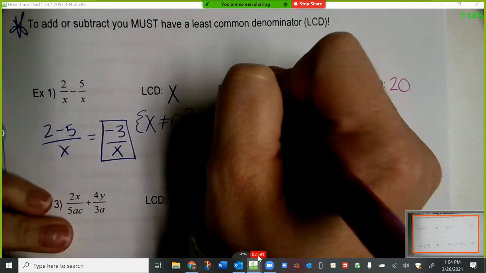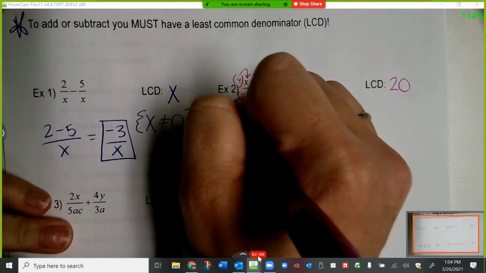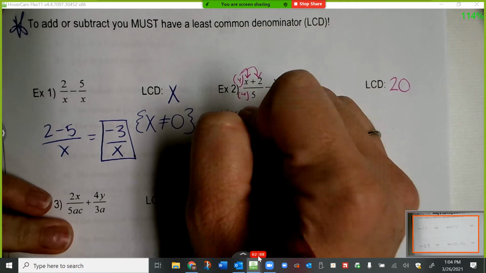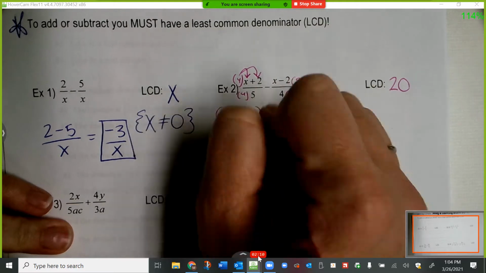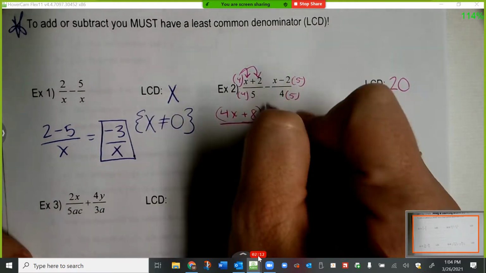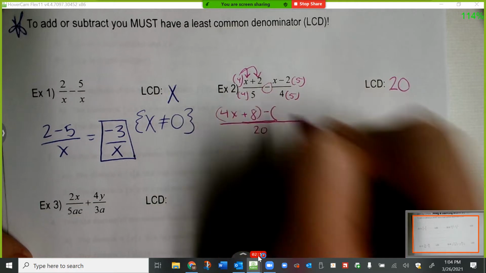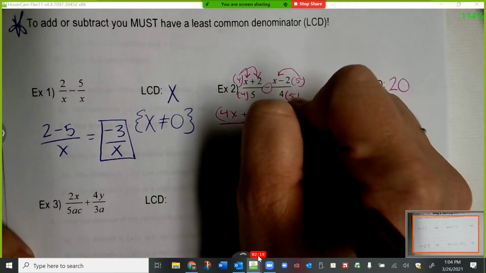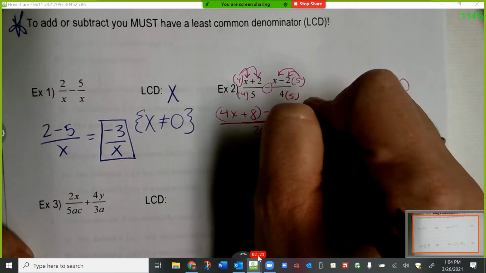And we have 4 times x, which is 4x, and 4 times 2, which is 8. That's the left side. Minus, be careful when there's a minus, that's why I'm using these parentheses. 5 times x, which is 5x, and 5 times negative 2, which is negative 10.